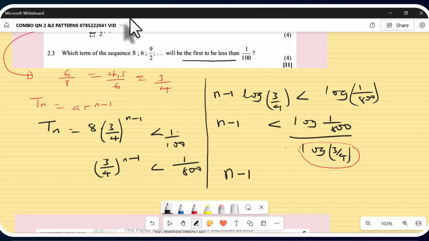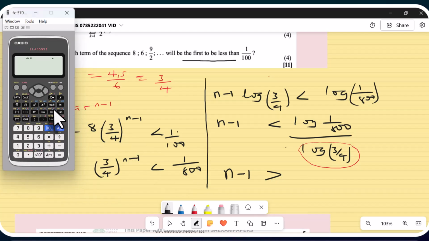So now on the calculator, on top we have log base 10 of 1/800, divided by log base 10 of 3/4, which is 0.75.